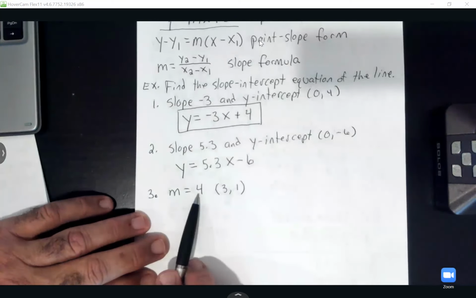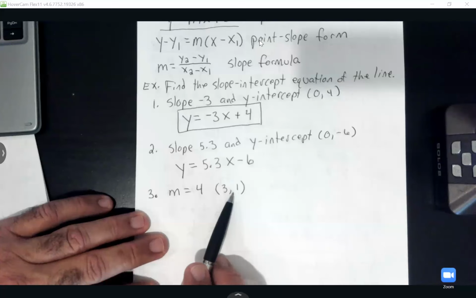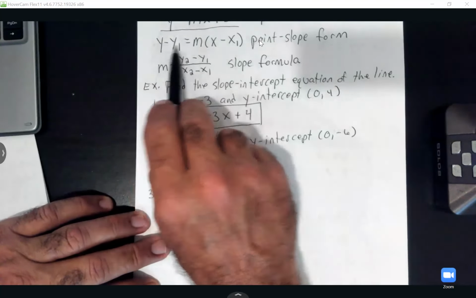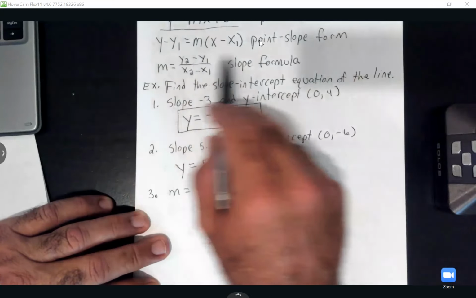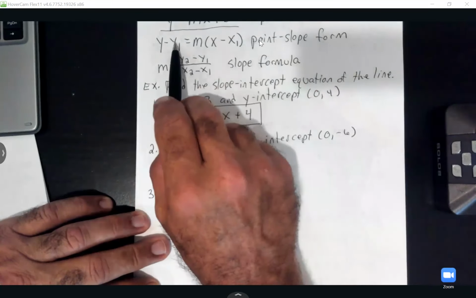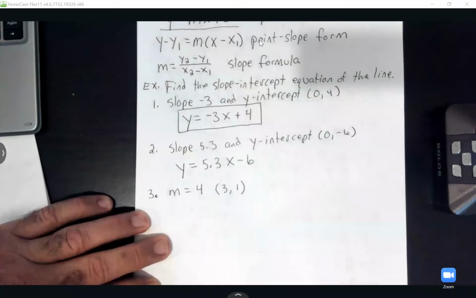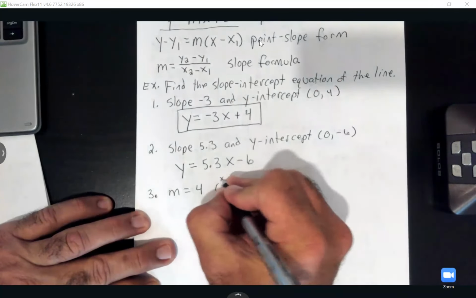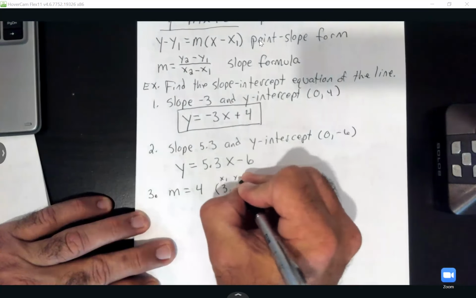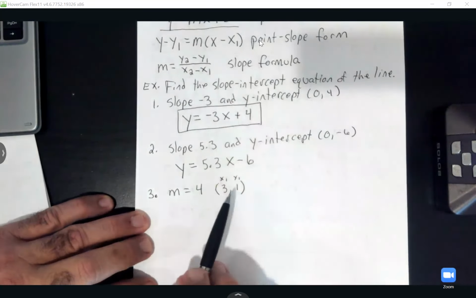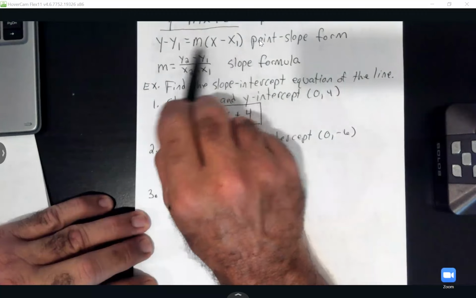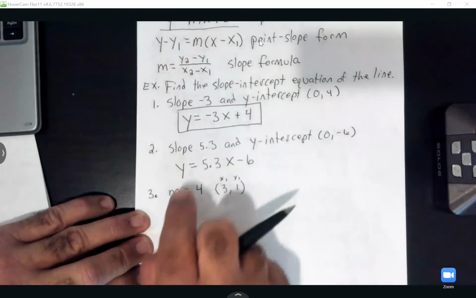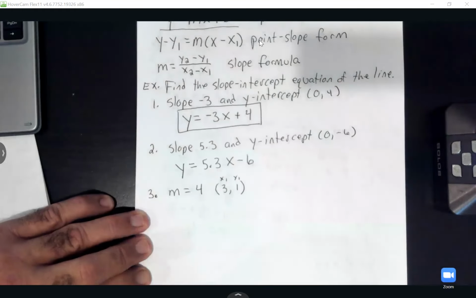They're giving me the slope and another point other than the y-intercept. So I'm going to come up here and use the point-slope form. We use that when we got a point and our slope. Now remember, in the formula, this is going to be x1, and that's going to be the y1. You're plugging in for the ones that got the numbers by them. The other y and the x will be the ones that are at the end of the formula, okay?